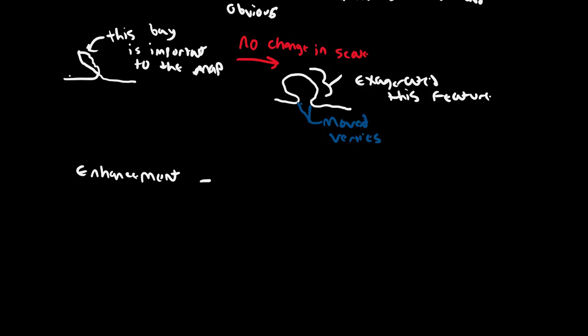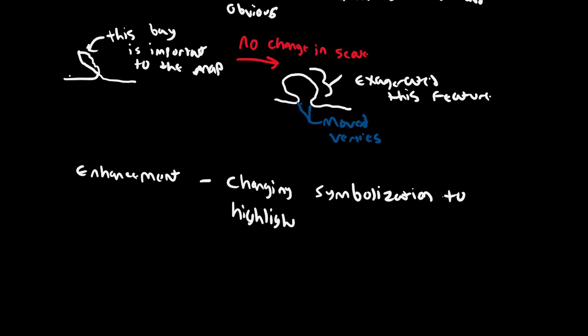So with exaggeration, we were actually changing underlying geometry. With enhancement, we're changing symbolization to highlight relationships between features.